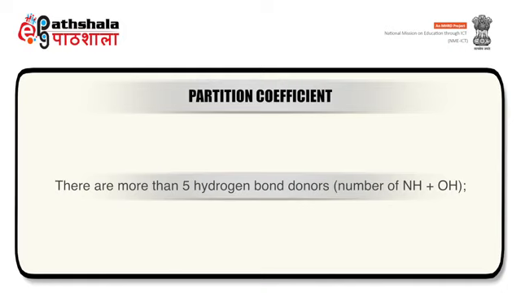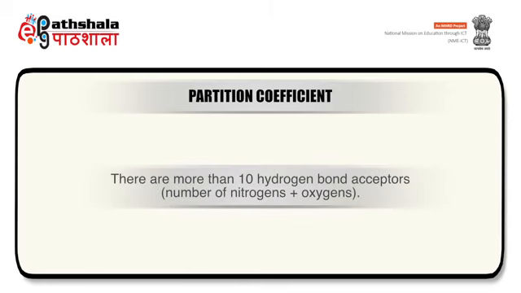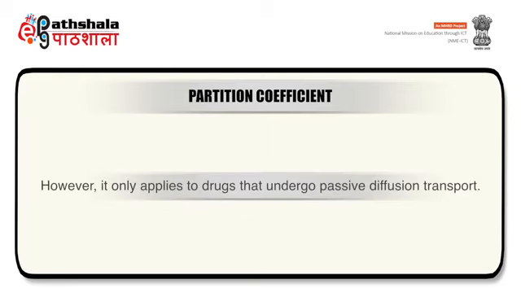Third, there are more than 5 hydrogen bond donors, that is, the number of NH and OH. Fourth, there are more than 10 hydrogen bond acceptors, that is, the number of nitrogens and oxygens. However, these conditions are only applicable to drugs that undergo passive diffusion transport.